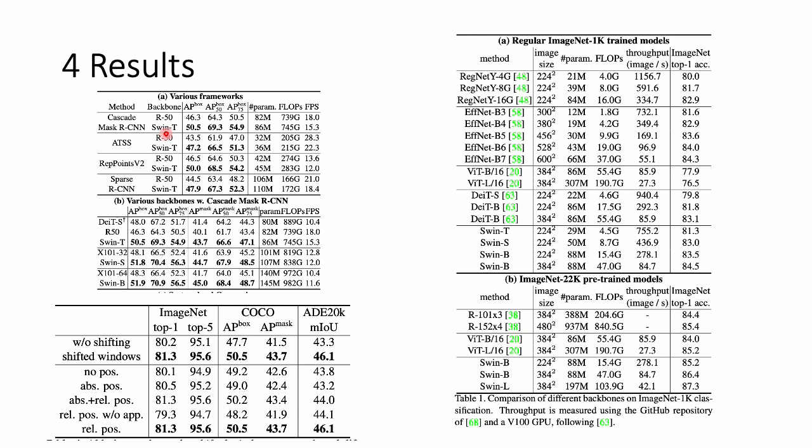These results identify that Swin transformer can be a better backbone for various downstream vision tasks. The bottom left is ablation study, which shows that sliding window is especially helpful on those dense prediction tasks such as object detection. And also, it explains why they use relative positional encoding instead of absolute positional encoding.